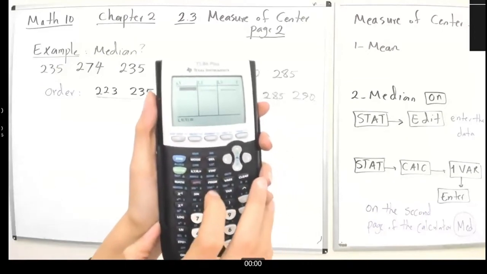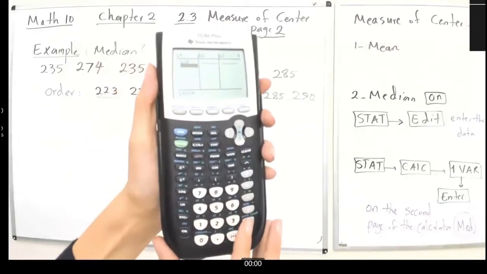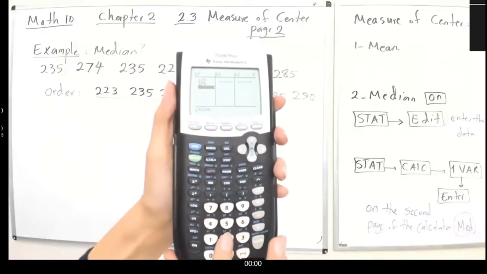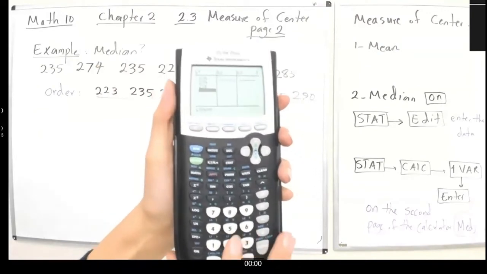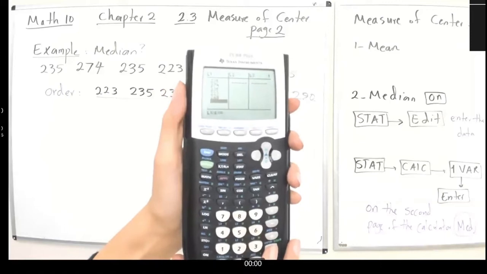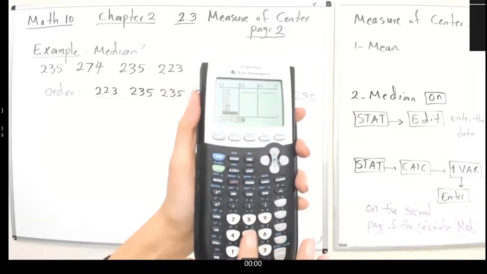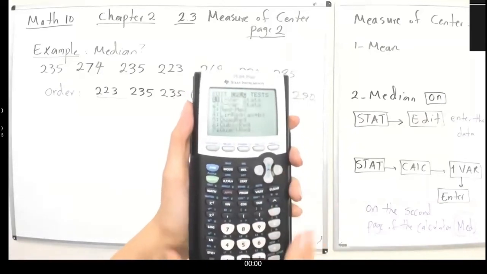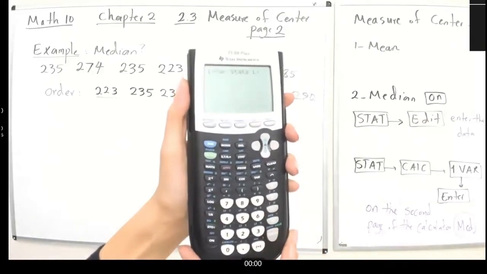And I'm going to enter these new numbers. 235, enter. 274, enter. 235, enter. 223, enter. 268, enter. 290, 285. Okay. Go to Stat, Calc, one variable, enter, enter, enter.